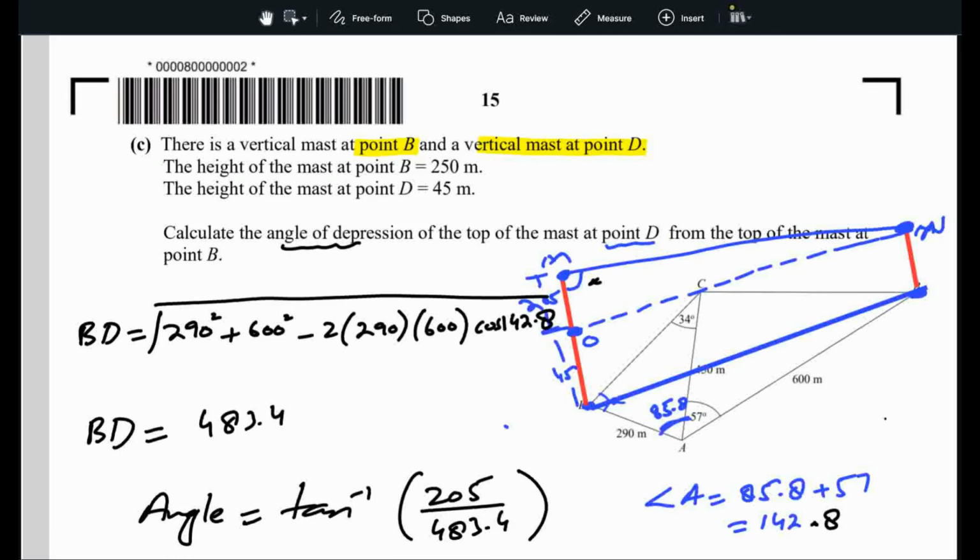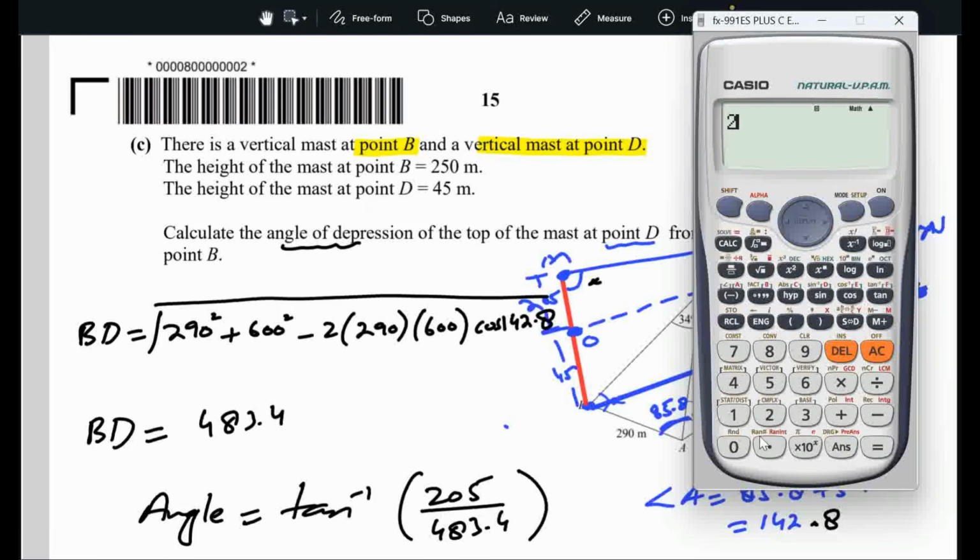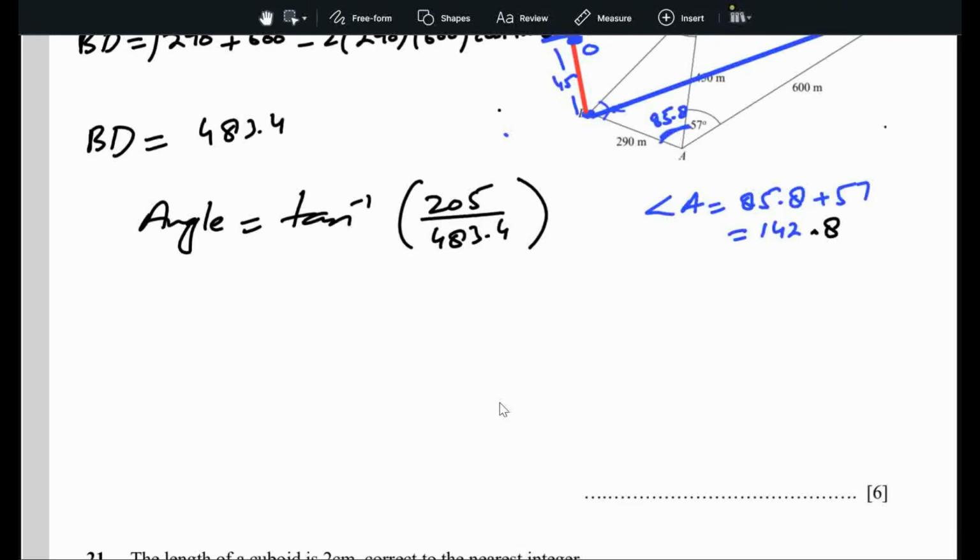First of all, we can simplify 205 divided by answer and then shift tan inverse of answer. So this will be equal to 22.9, which means 23. So angle will be equal to 23. This will be the final answer.